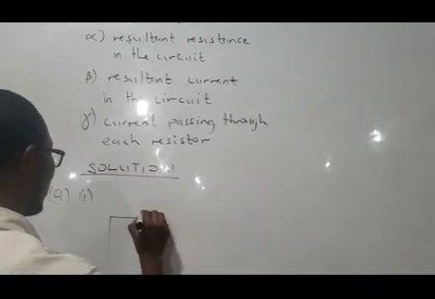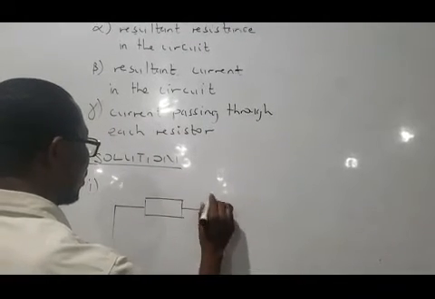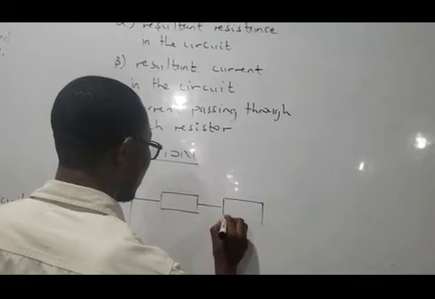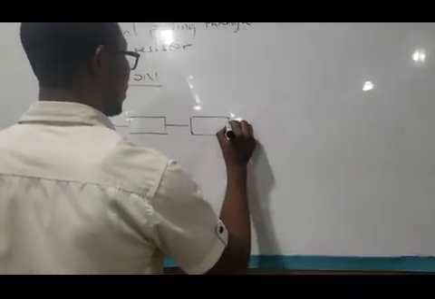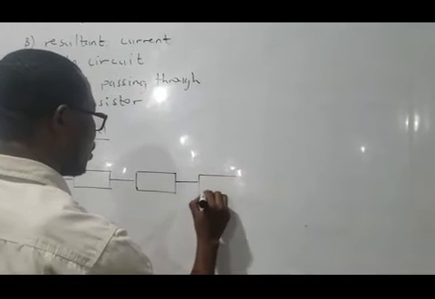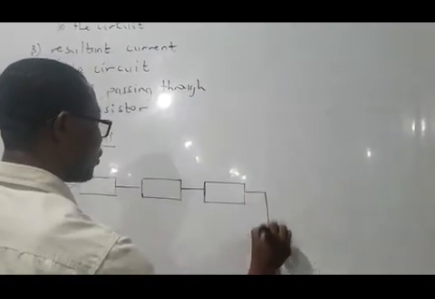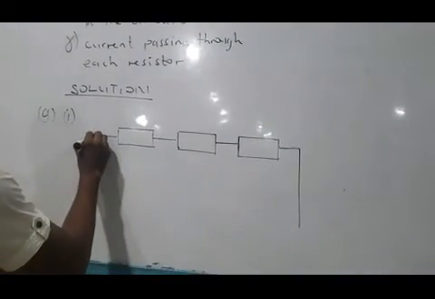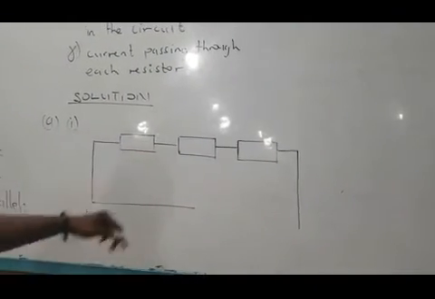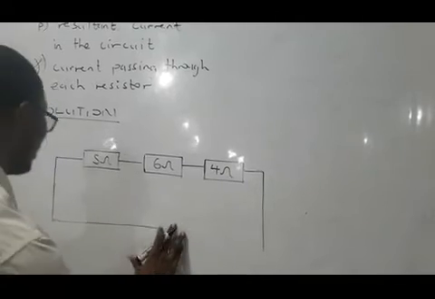So 3 resistors. So these are our 3 resistors, with resistances 5 ohms, 6 ohms, and then 4 ohms, connected to a battery.